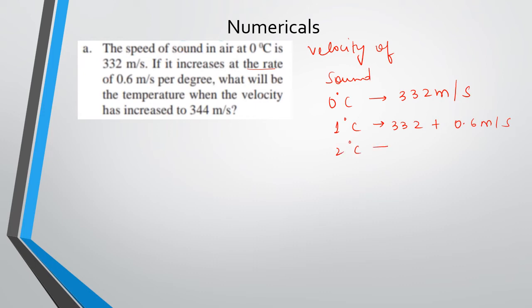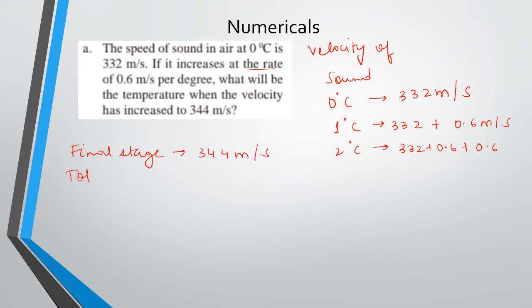At 2 degrees Celsius, it would be 332 plus 0.6 plus 0.6, correct? So with every increase of 1 degree, it is increasing 0.6 meter per second. The final velocity they have given is 344 meter per second.